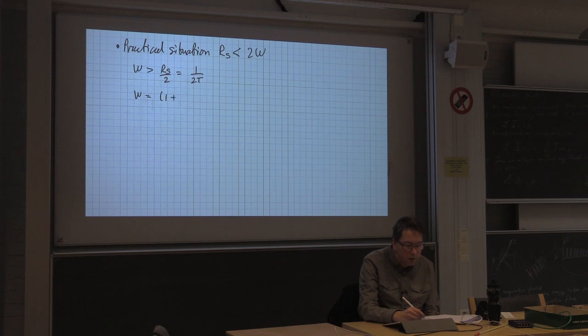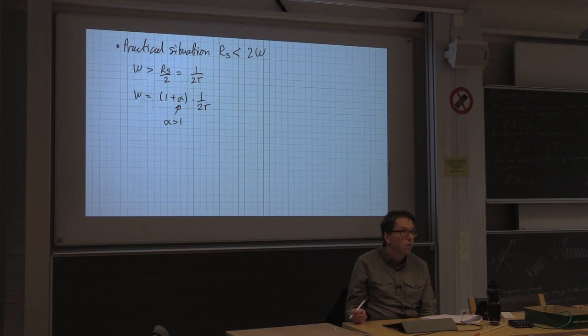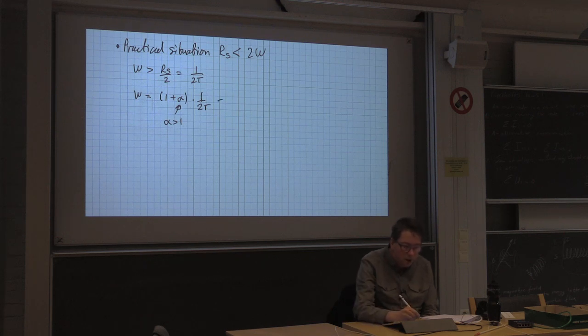So let's write that as 1 plus alpha times 1 over 2T, where alpha here is greater than 0. Alpha tells us how much more than 1 over 2T is W. So this can be written as 1 over 2T plus alpha over 2T. The first part here is the minimum bandwidth we need.